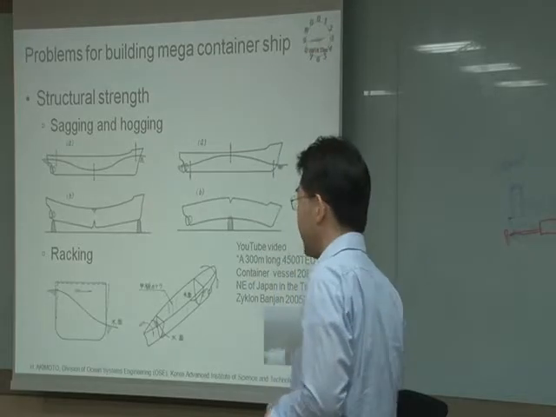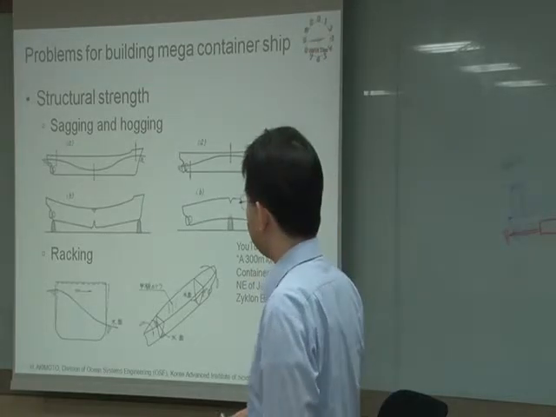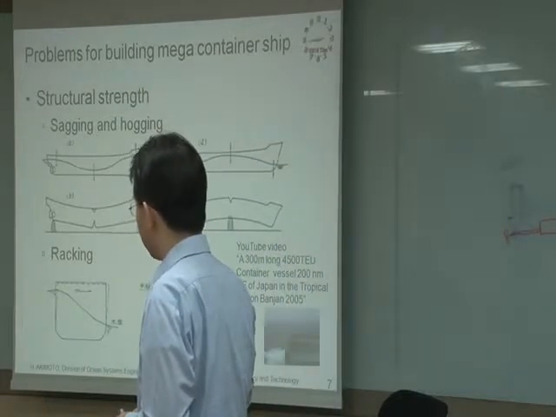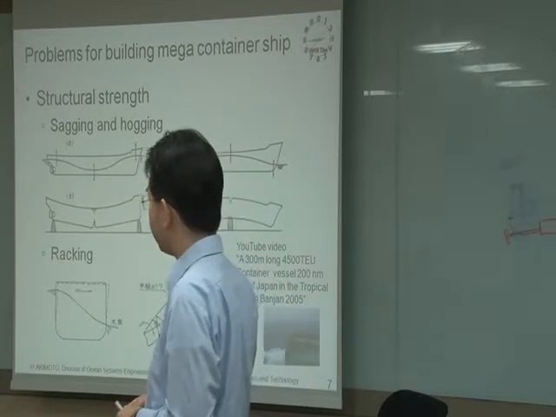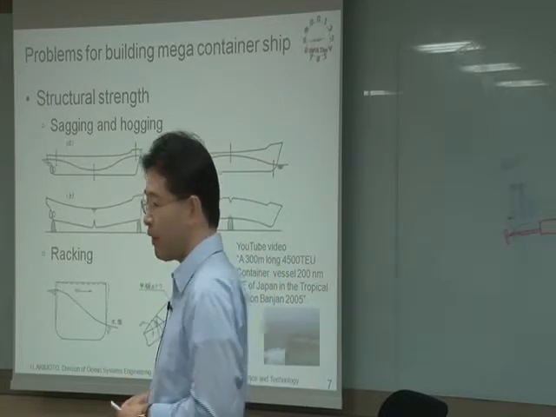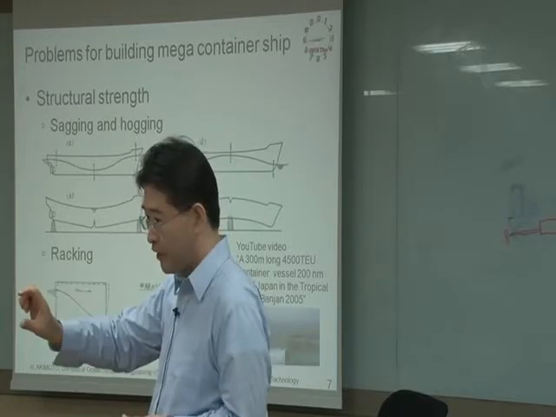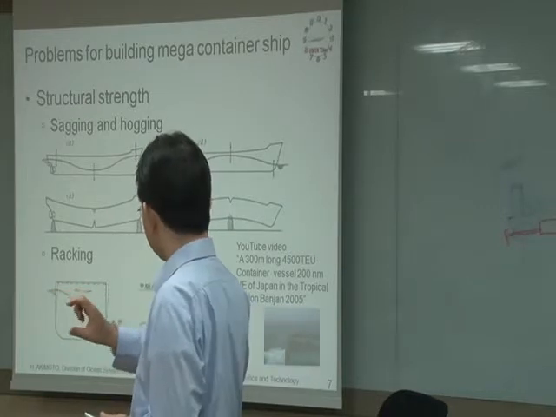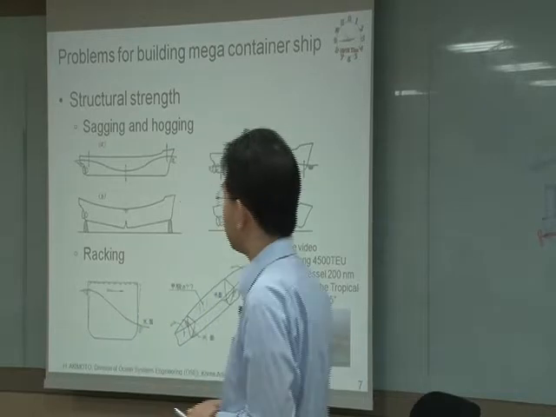Also, large structure is not easy to build. If you have experience of visiting shipbuilding yard, shipbuilding company, you will see very thick plate, but it is actually not thick in comparison to the size of the vessel.